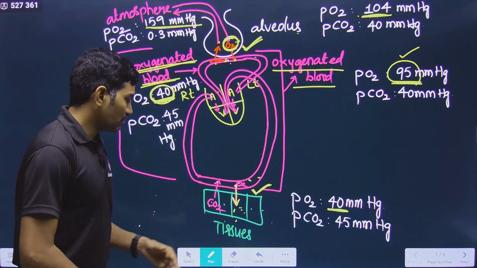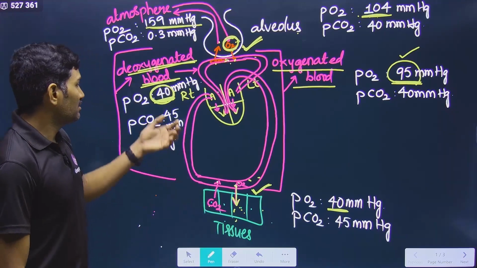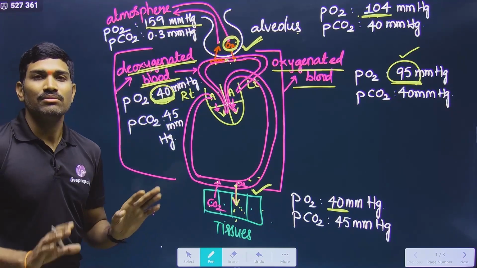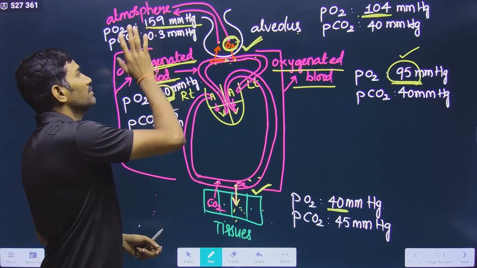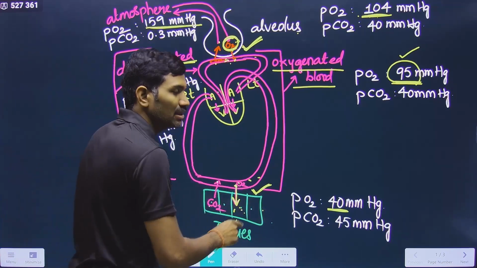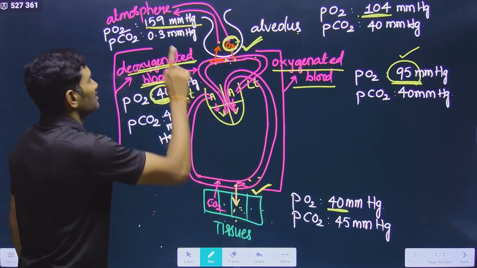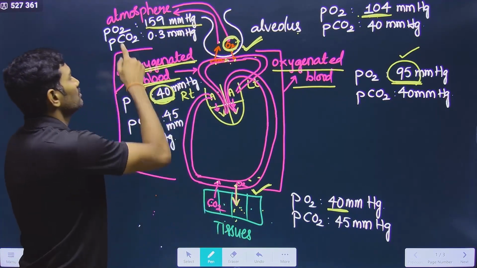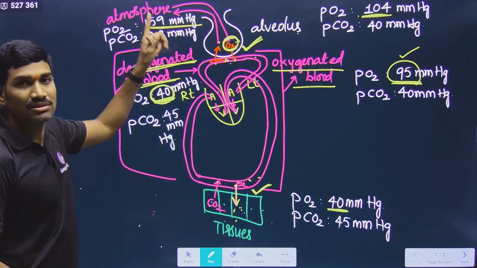In the case of CO2, the tissues have the maximum partial pressure, then the deoxygenated blood, then the alveoli, and then the atmosphere. Maximum in the tissues, minimum in the atmosphere. But for oxygen, maximum in the atmosphere and minimum in the tissues. Because of a gradient like this, oxygen can enter into the tissues. If CO2 is more in the tissues and less in the atmosphere, it can easily go into the atmosphere. This is the sequence.